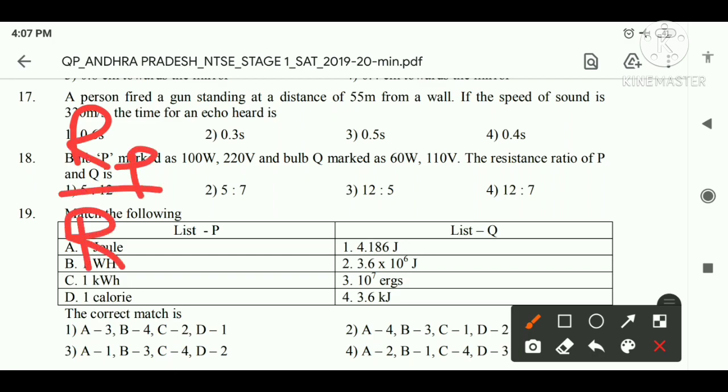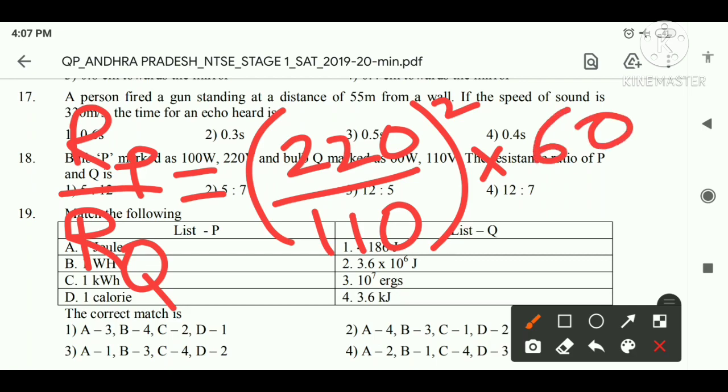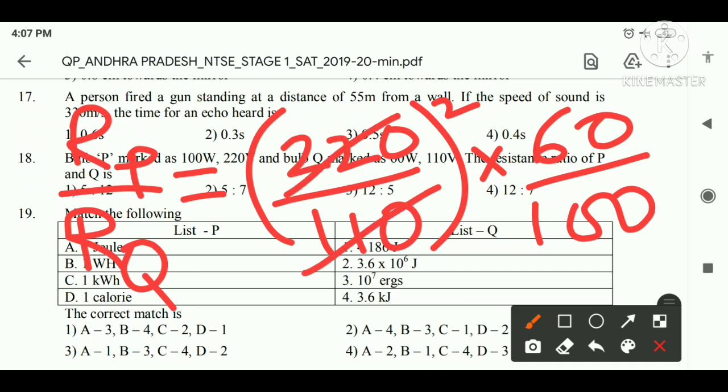Resistance of P divided by resistance of Q is equal to, the voltage of P is given 220 and the voltage of Q is 110, whole square, into the power of Q is 60 watt and the power of P is 100 watt. So here it is. Cancelling of these, 1s are 2s are, 0 0 cancel.